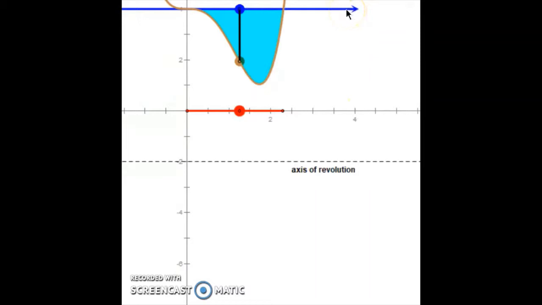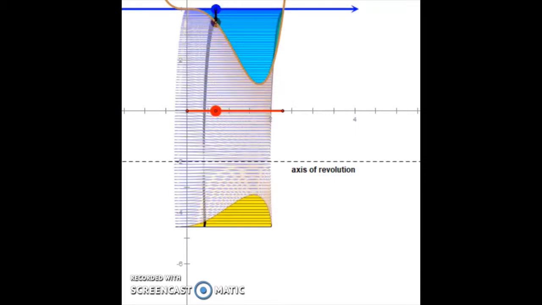All right, so we have the blue line here at y equals 4, and f of x is the brown line here. The region in this cyan color, we're going to rotate that around the line y equals -2. Our representative slice right here, we're going to find the area and volume of that washer. The rotation looks something like this.